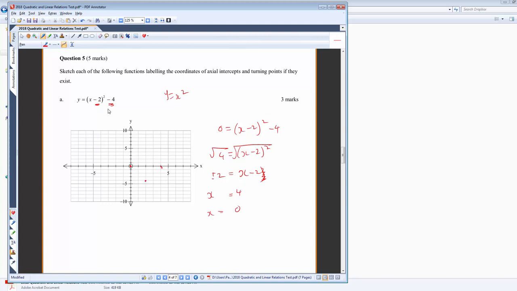I could find out the y-intercept, but of course I'm going to find out that it's at the origin as well. So now I'm ready to sketch this parabola. Not bad. And we want to label these points 2, -4, 4, 0, and what's this one? The origin, 0, 0.